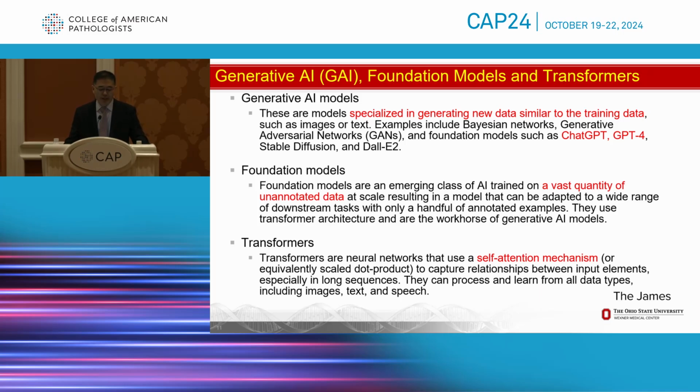Foundation models are an emerging class of AI models trained on a vast quantity of unannotated data, just enormous data, to be useful in future prediction. Transformers are neural networks that use a self-attention mechanism to capture relations among those data.